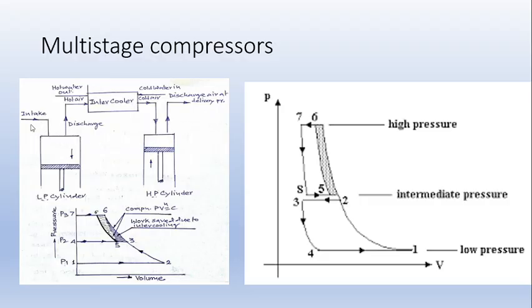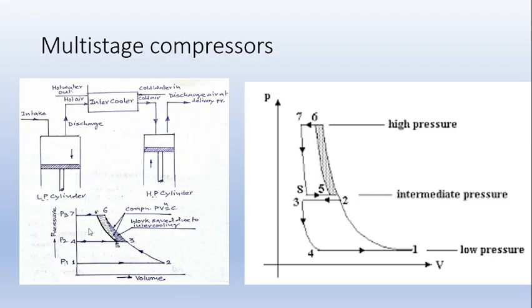So this is the intake pressure P1, this is the outlet of the low pressure cylinder, where the pressure is P2, and this is the outlet of the high pressure cylinder, which is the delivery pressure equal to P3.